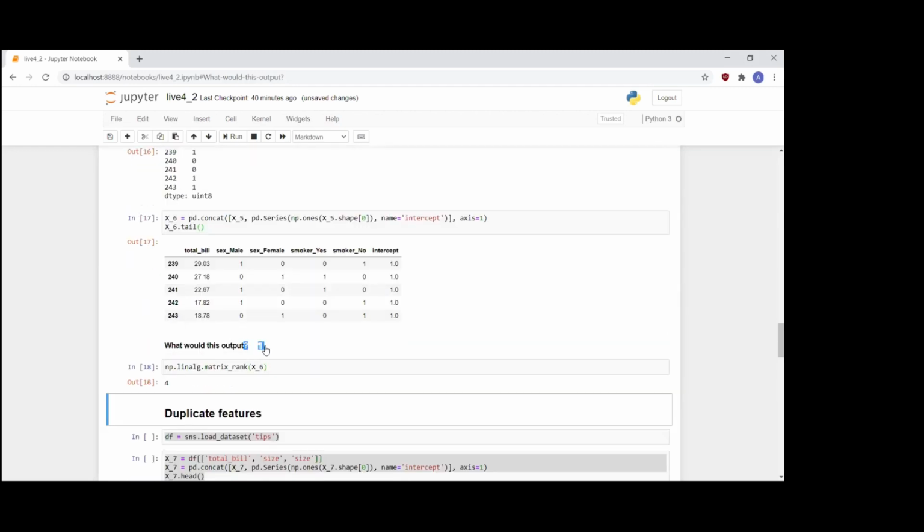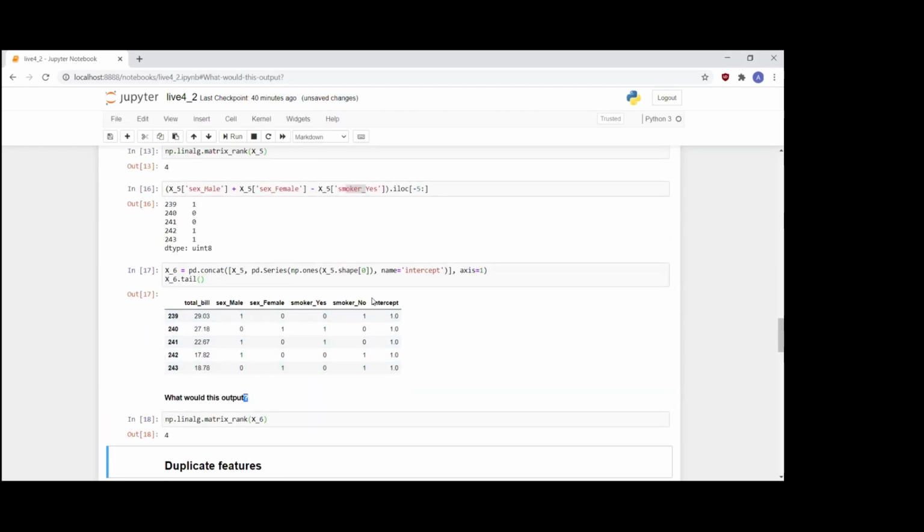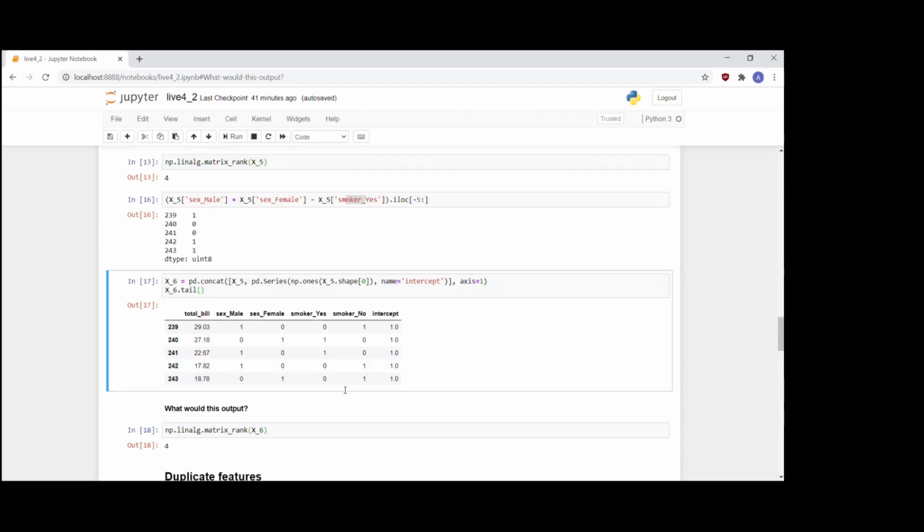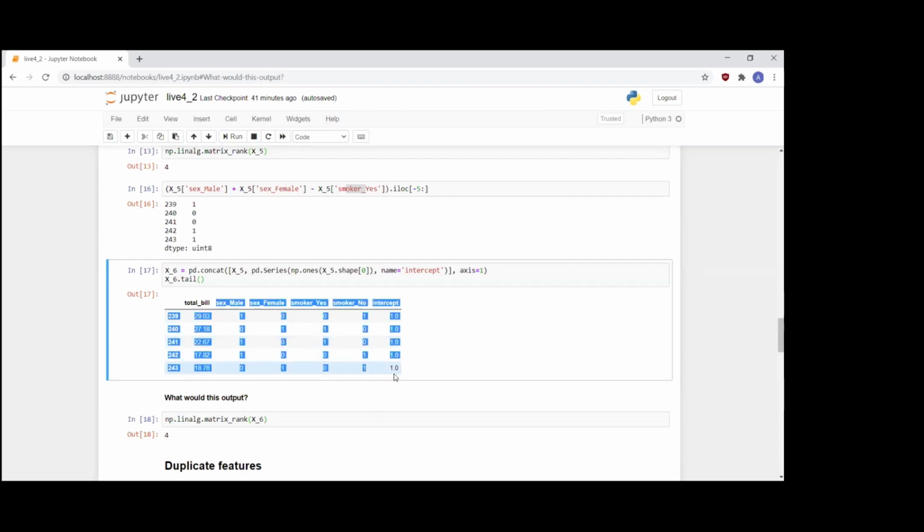So the rank is still 4, because I can construct the intercept column by adding the smoker yes and the smoker no columns, or by adding the sex male and the sex female columns. So the intercept term doesn't add any information here. Okay, so this is just in terms of rank.